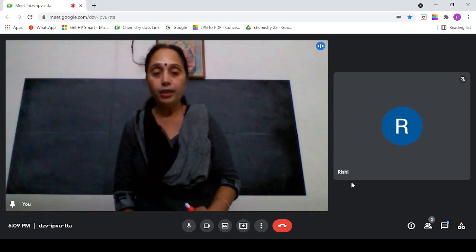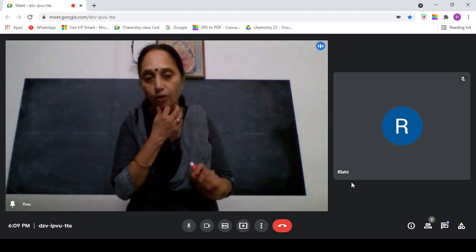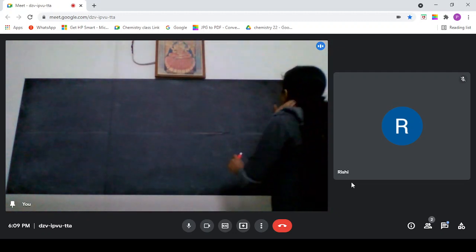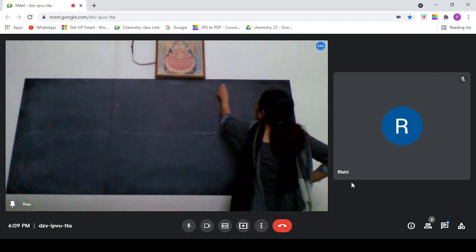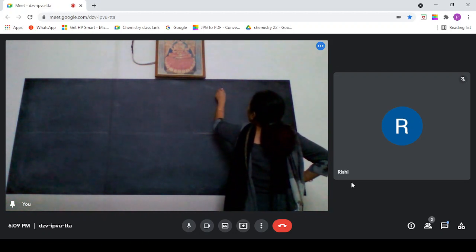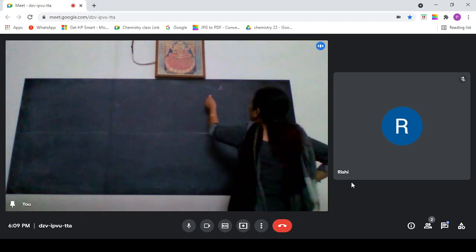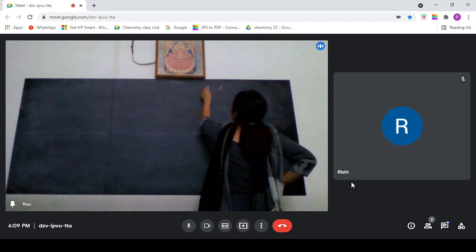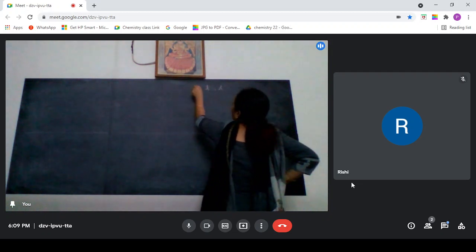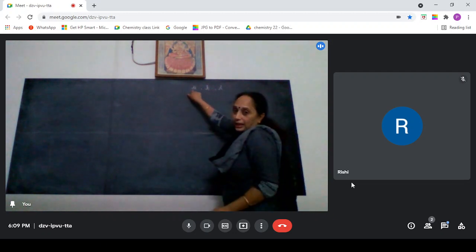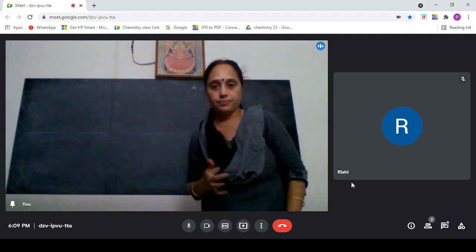Okay, next point, you write this down. I'll send the notes, but still you write it down. Next point is, you have to learn the relationship between the radius of the particle, the edge length given by A, and the distance D between the two nearest neighbors.